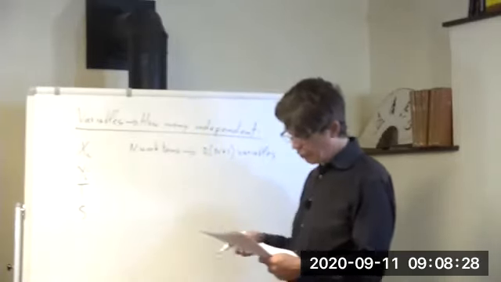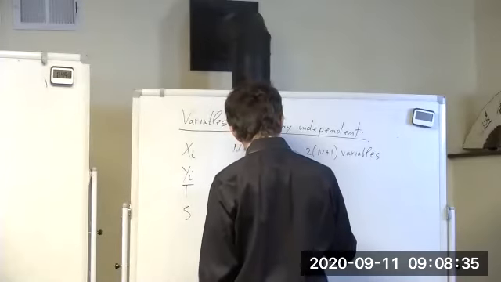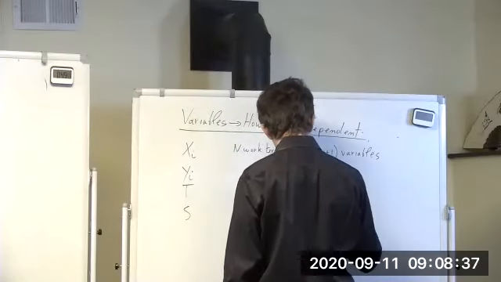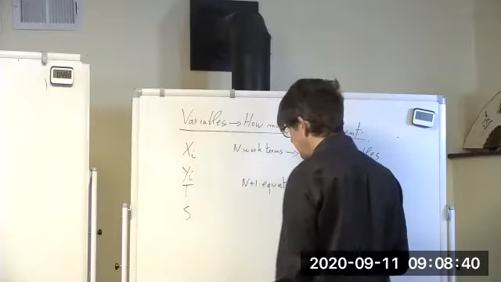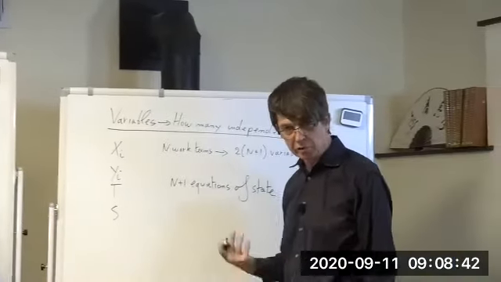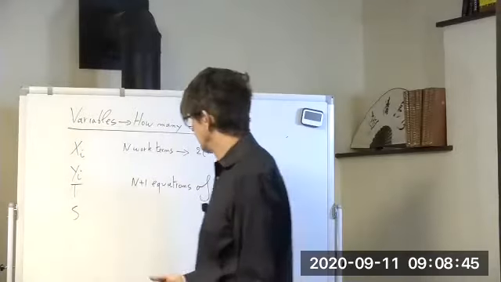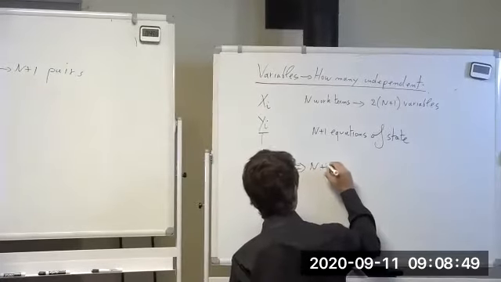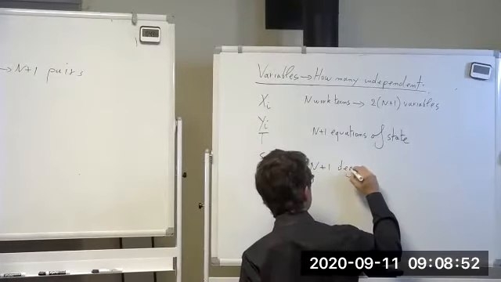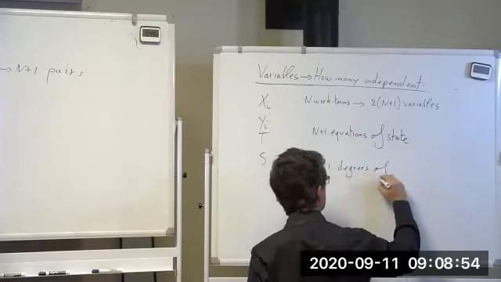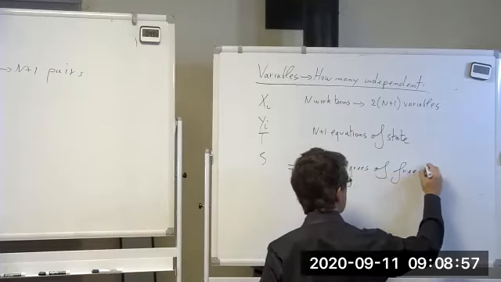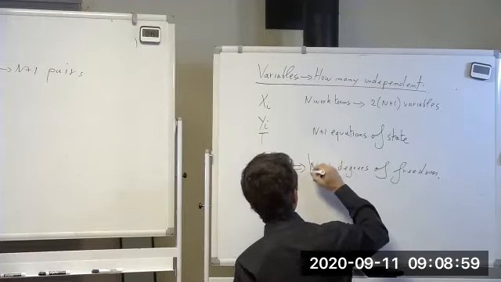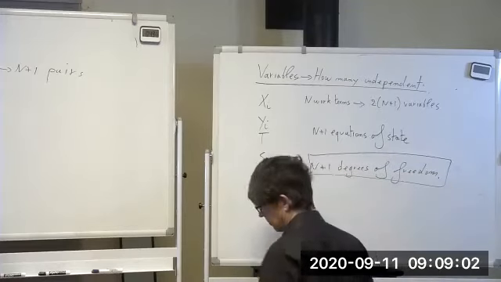But now what I've shown you is that I also have n plus 1 equations of state. So the dimensionality of the system, the degrees of freedom, is really n plus 1. This implies I have in general n plus 1 degrees of freedom. So my independent variable space is n plus 1.